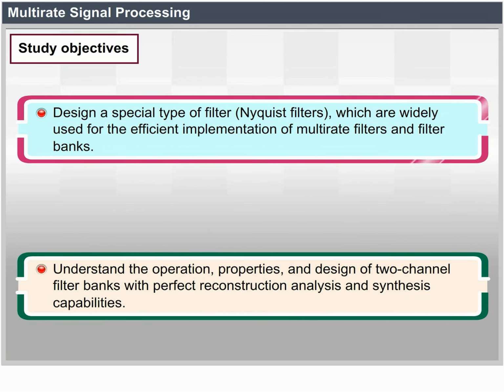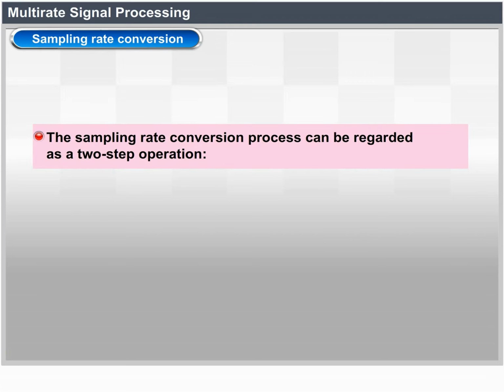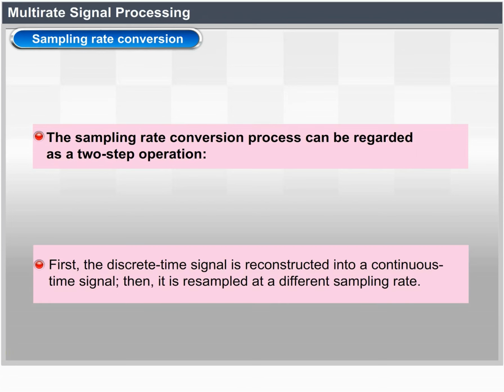Sampling rate conversion. The sampling rate conversion process can be regarded as a two-step operation. First, the discrete time signal is reconstructed into a continuous time signal, then it is resampled at a different sampling rate.